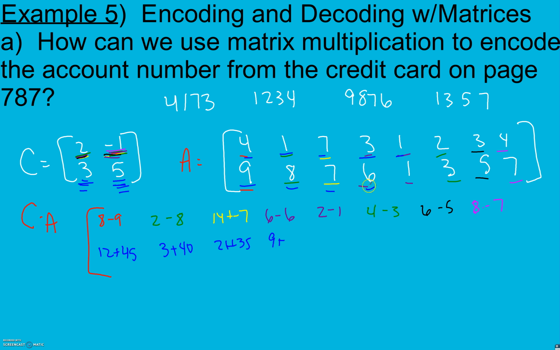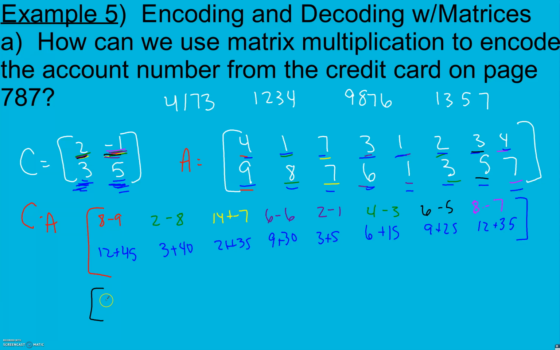Plus 5 times 6 is 30. 3 times 1 for real this time. 3 plus 5 times 1 is 5. 3 times 2 is 6. Plus 5 times 3, 15. 3 times 3 is 9. Plus 5 times 5 is 25. And 3 times 4 is 12. Plus 5 times 7, 35.